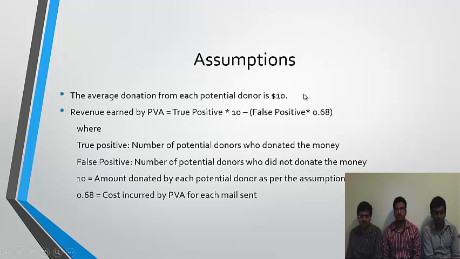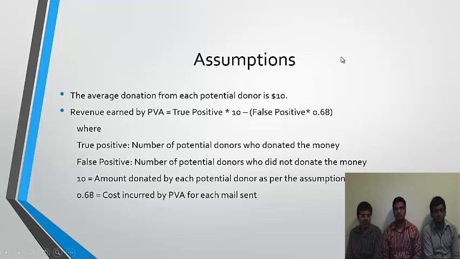Coming to the assumptions, as explained by Amarnath, each mail sent to a donor by TVA costs $0.68, which is 68 cents. To get the revenue, we made an assumption that each donor would donate an amount of $10.